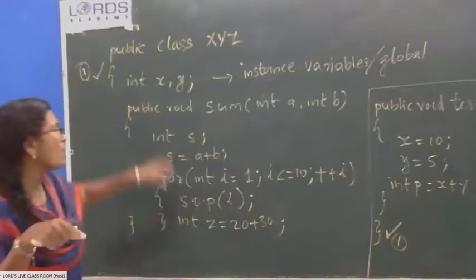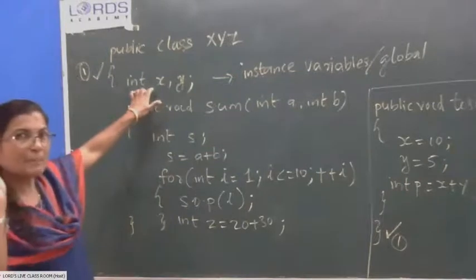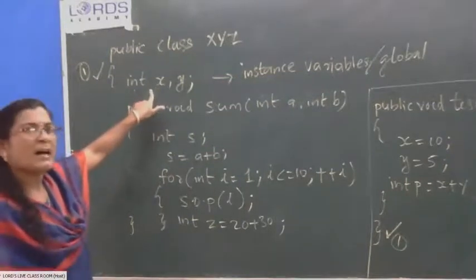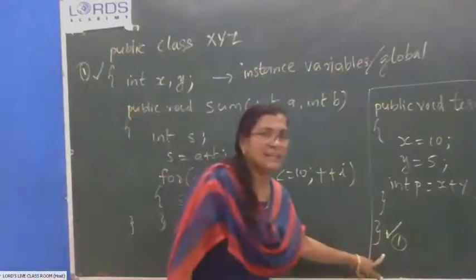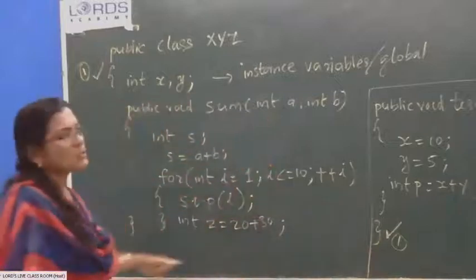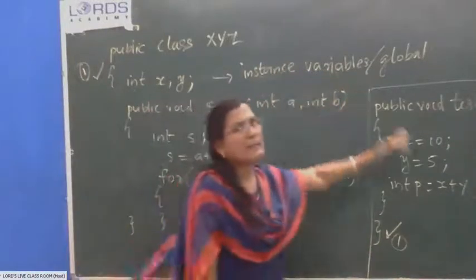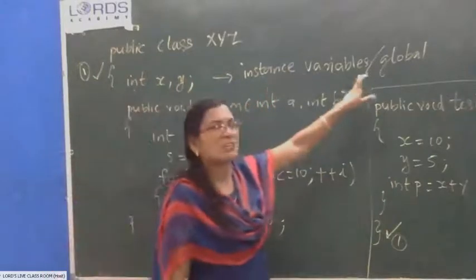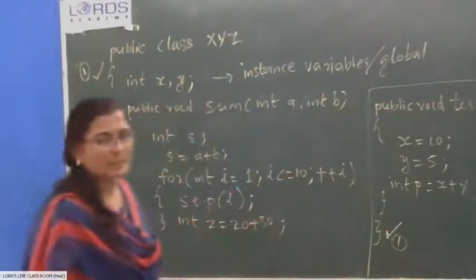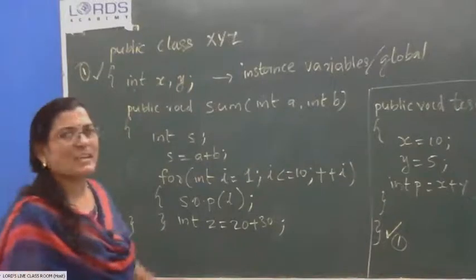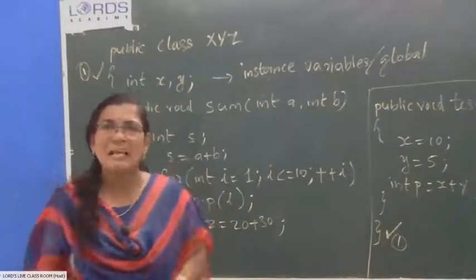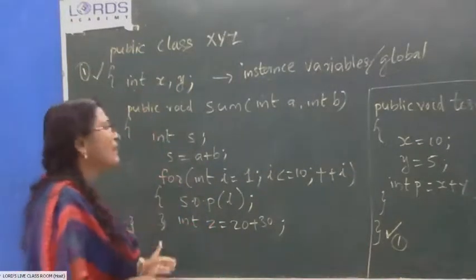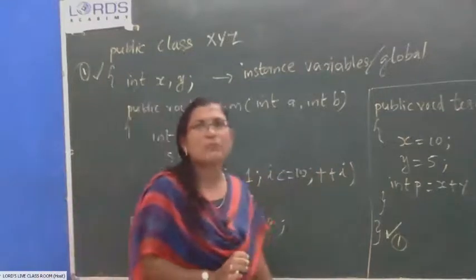So the scope of all the variables declared at the beginning of the class is till the end of the class. Anywhere in this program, in any method, we can use x and y. They are known as instance variables or global variables. So the scope of an instance variable is limited to the class. That means anywhere in the program, we can refer to those variables.